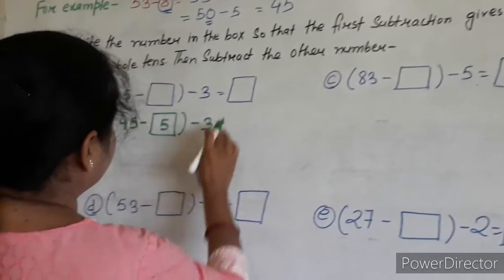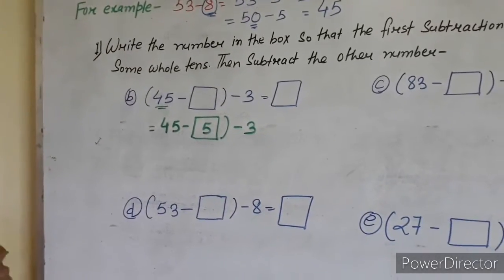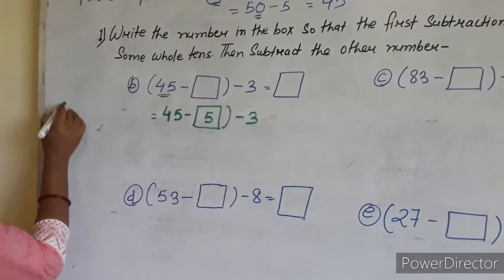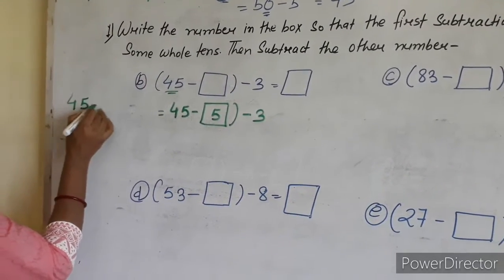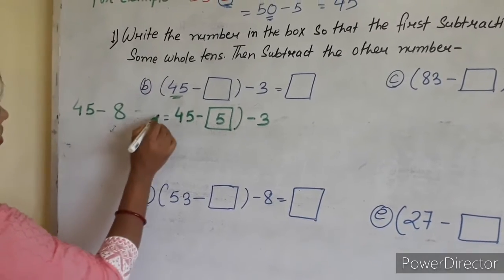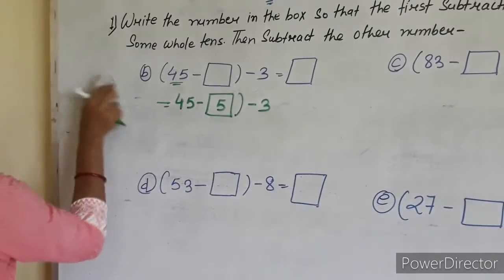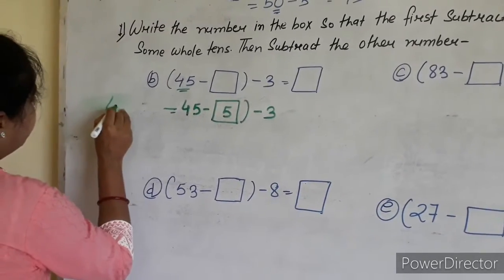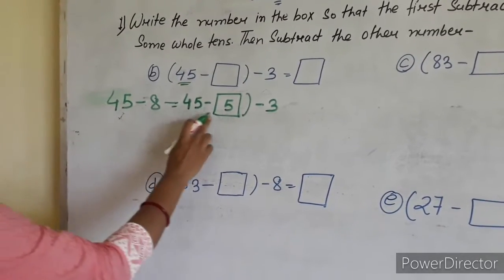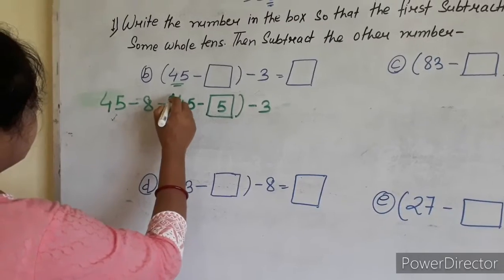Before that, I will show you the back calculation, because one step is not shown here. We write 45 minus 8, and then split it: 45 minus 5 minus 3.